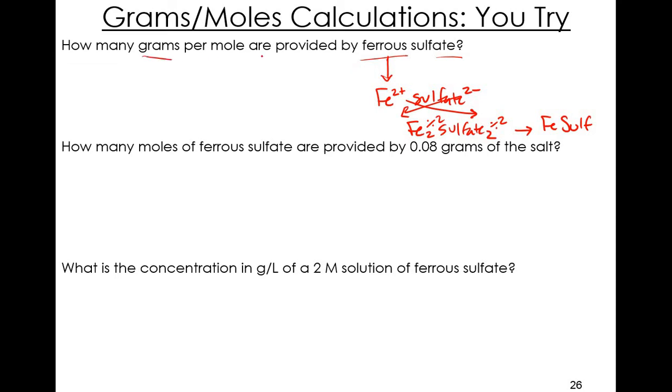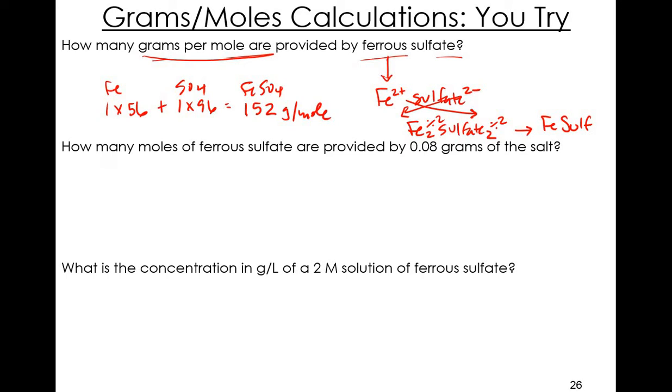So if we were going to determine grams per mole, then we would add together the atomic weight of the iron, so 1 times 56 plus, for sulfate, it's 1 times 96. And so for the salt, it is 152 grams per mole.